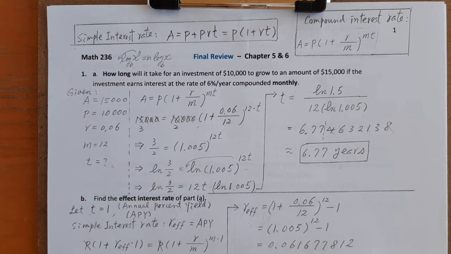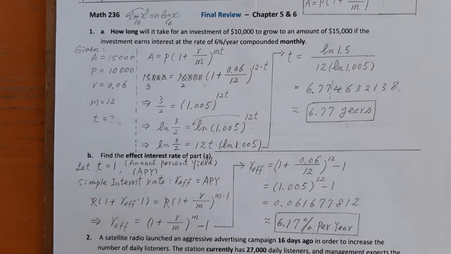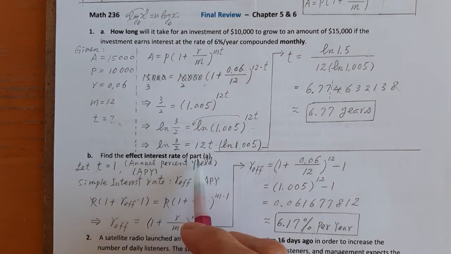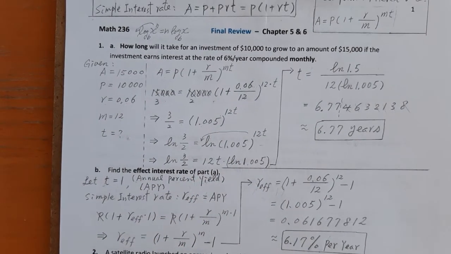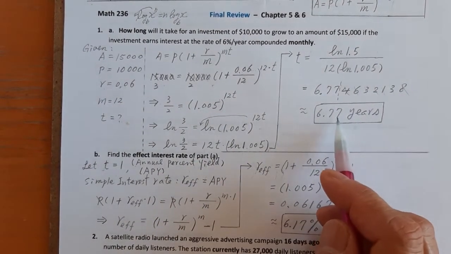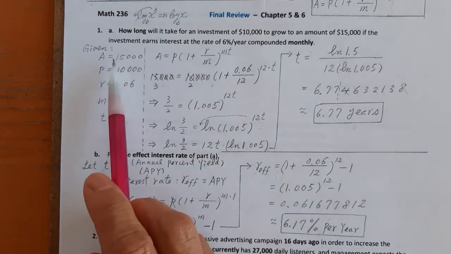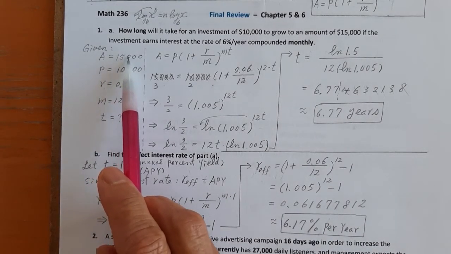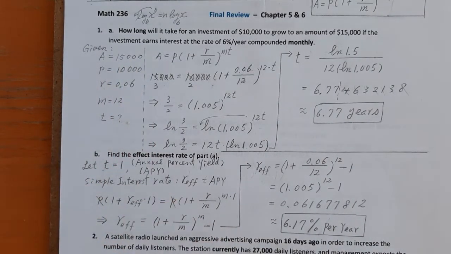Second, part 1B: find the effective interest rate of part A. So after 6.775 years, the amount becomes 15,000. We are going to find the effective rate, where you let T equal 1.